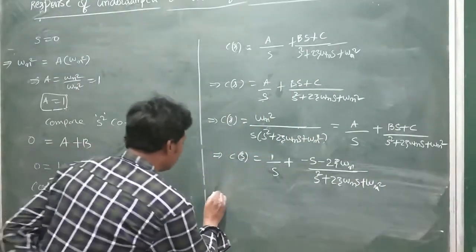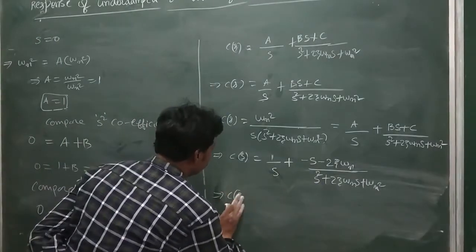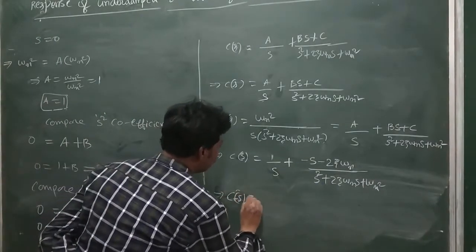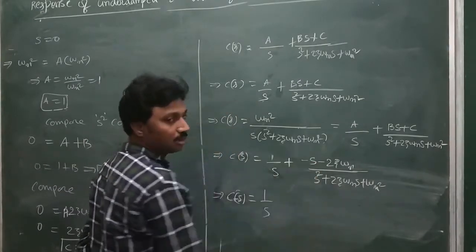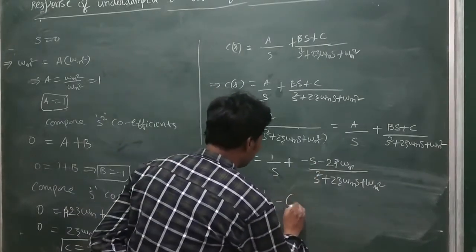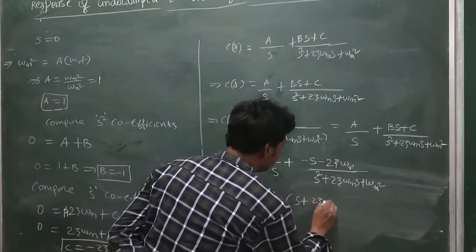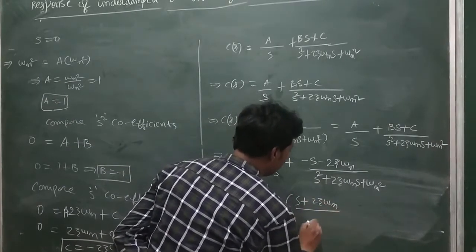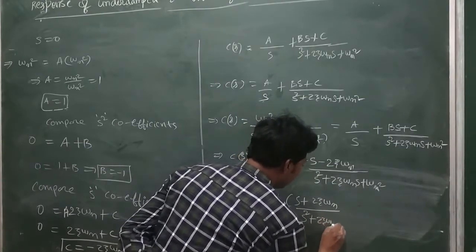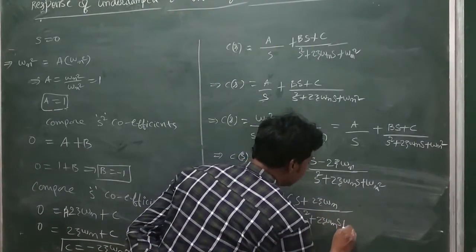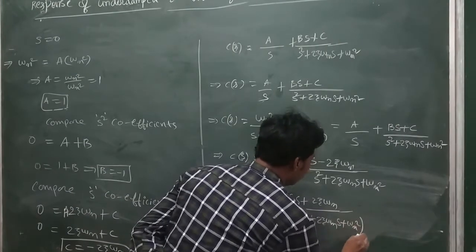So now C of s is equal to 1 by s. So you take a common here, minus s, so you get s plus 2 zeta omega n by s square plus 2 zeta omega n s plus omega n square.